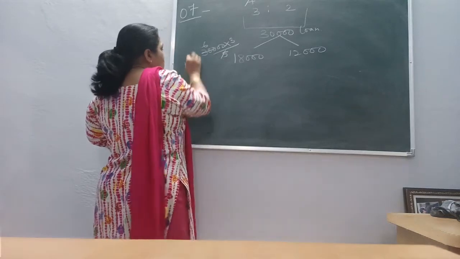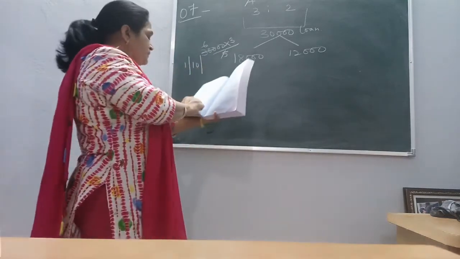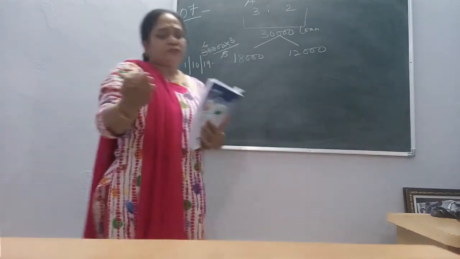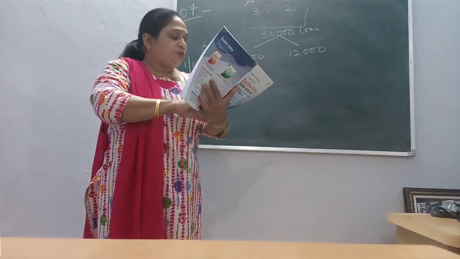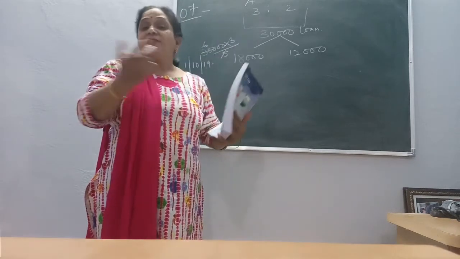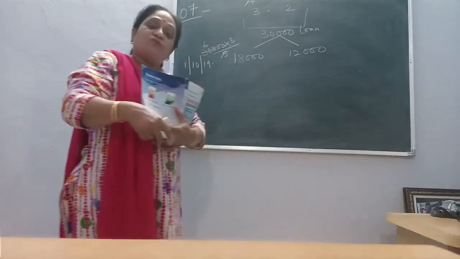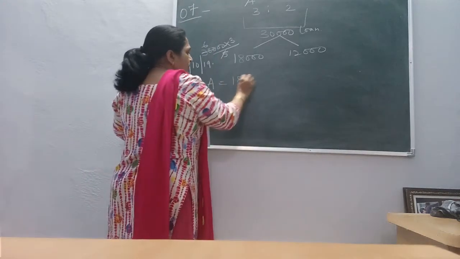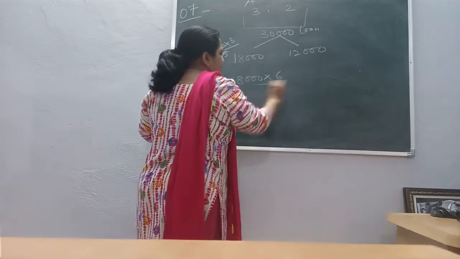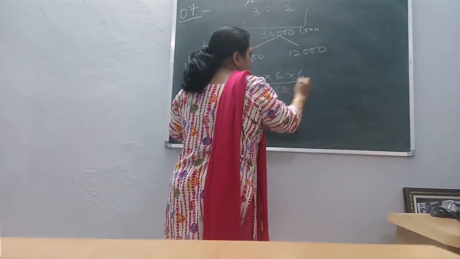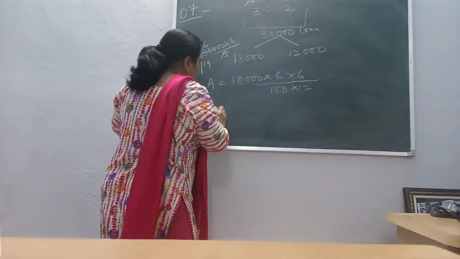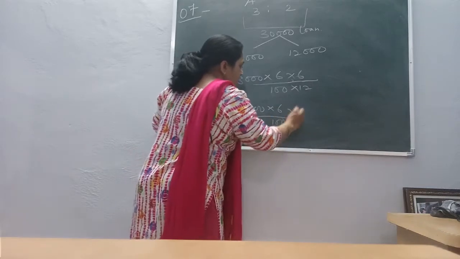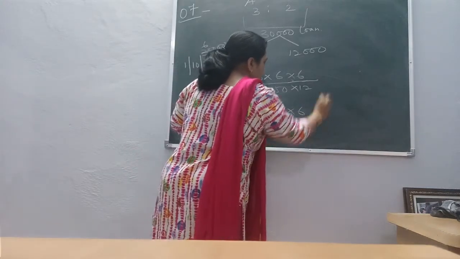They have provided this loan on 1st October. What interest will you pay to them? The partnership deed is silent, so on the basis of the loan, you will pay 6% per annum. So A will get 6% on 18,000 for 6 months, and B will get 6% on 12,000 for 6 months.